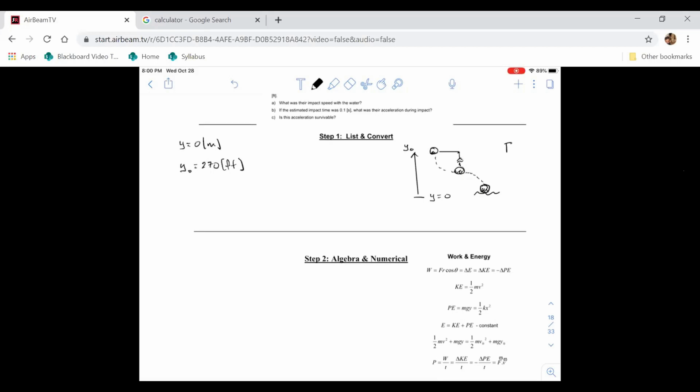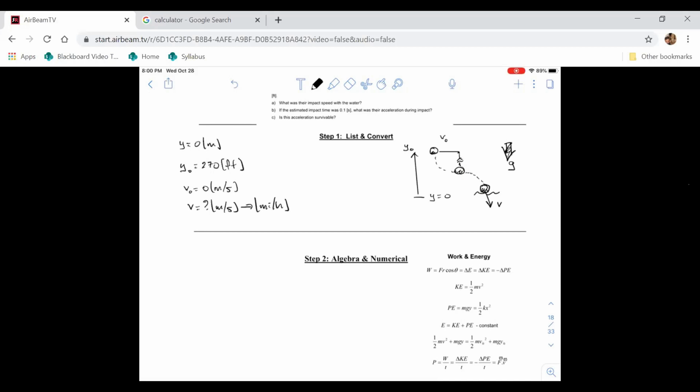Ignoring air friction, the only force acting is gonna be gravity. Initial speed is 0. So the question is, what's the final speed? All right, so V is the final speed. We want the speed in terms of meters per second, and then convert it to miles per hour.